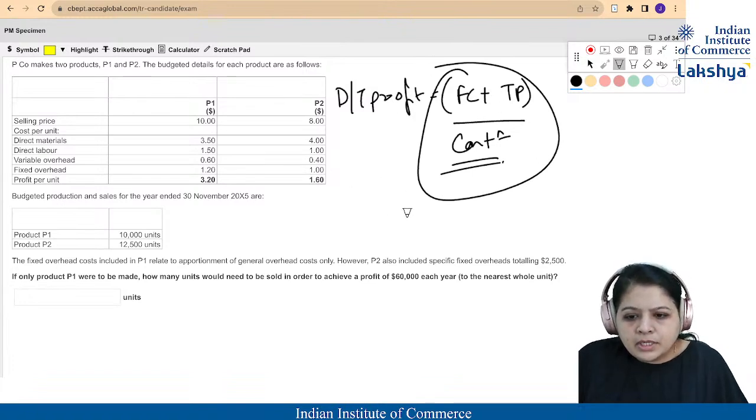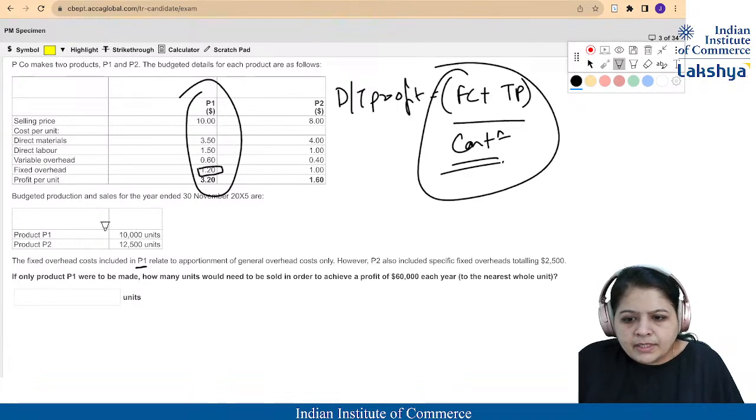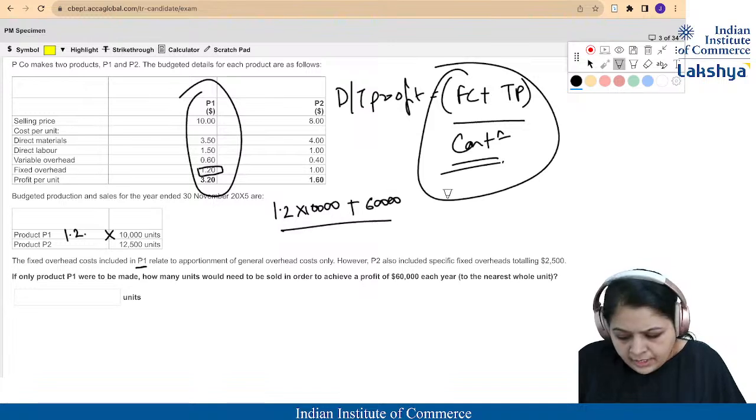Fixed cost, now just because we are finding it only for P1, I'm going to concentrate only on these values. So P1's fixed cost is this, and this is per unit. So I'm going to multiply that with your 10,000 units. So that is going to be 1.2 into 10,000, plus our desired profit of 60,000 and divided by the contribution.